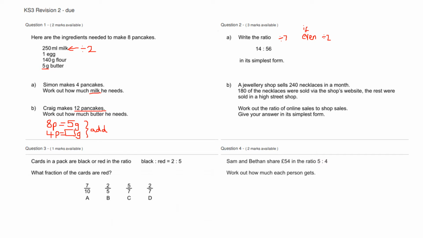For part B, so she sells 240 necklaces in a month. 180 were sold via the shop's website. The rest were in the shop. Okay, so if the total is 240 and 180 of those were online, then how many of them must be in the shop, if you imagine it as a bar model?